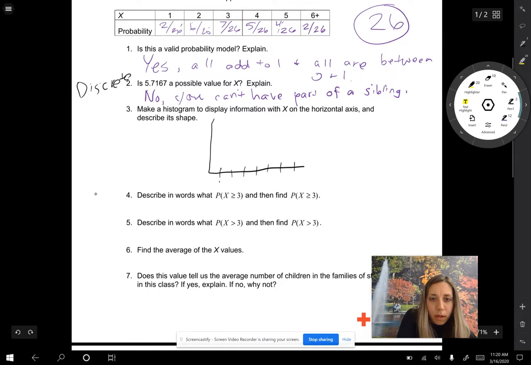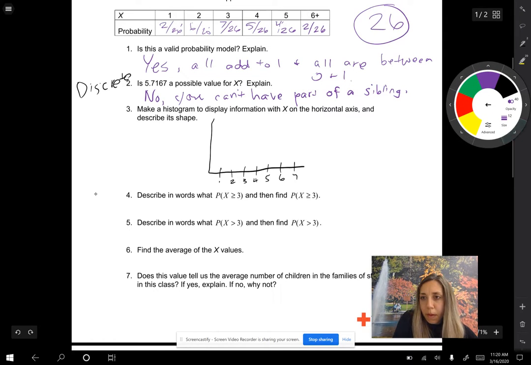So this would be 1, 2, 3, 4, 5, 6, and that would be number of children, or number of siblings.